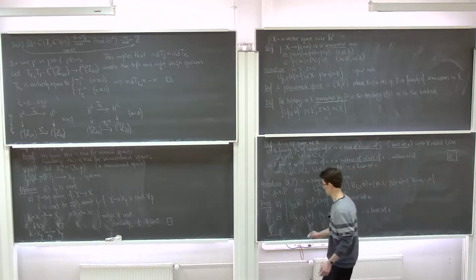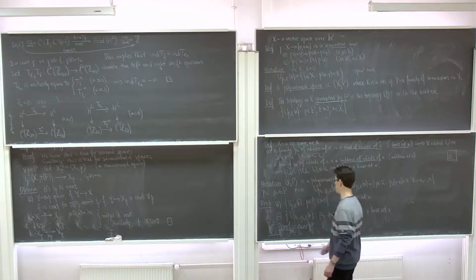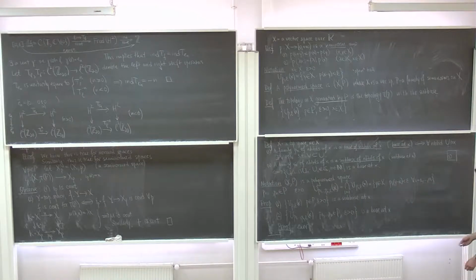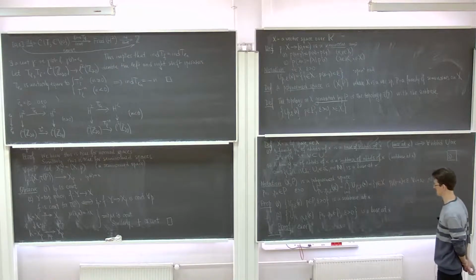The proof is a simple exercise for you. This is almost automatic from the definition, but formally it is not immediate from the definition, but this is very easy. Why is it not immediate from the definition?